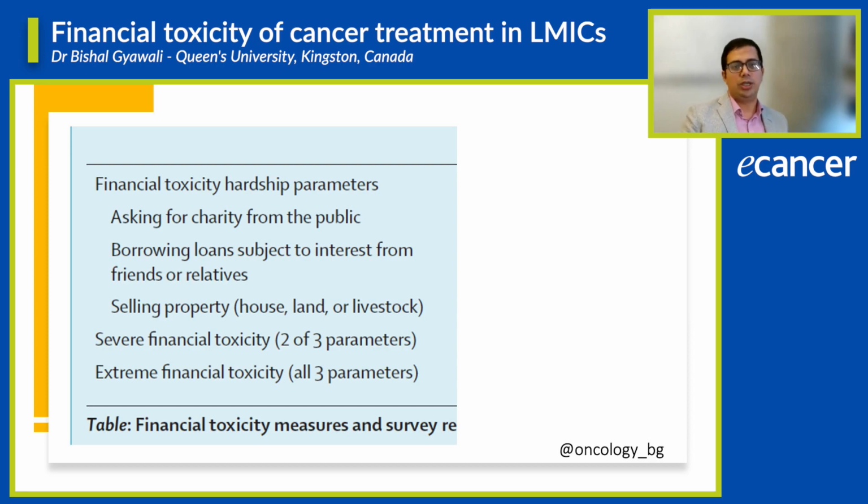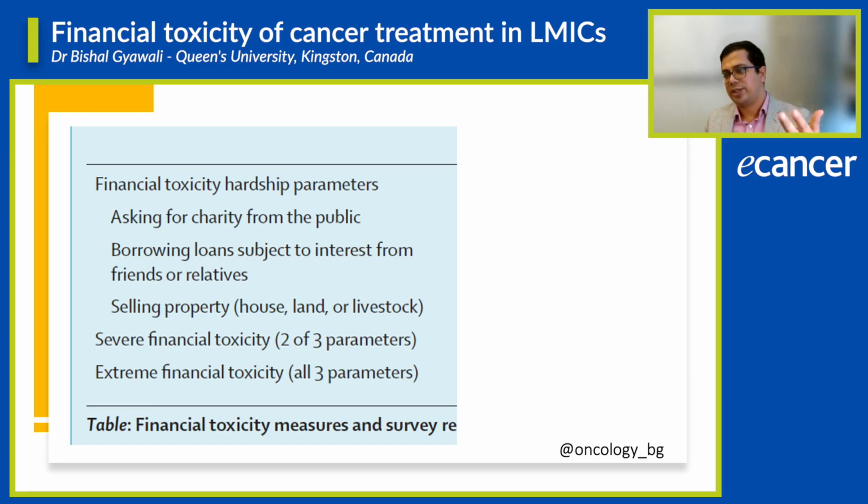So first, this is how we defined financial toxicity. We came up with three parameters that are locally tailored and important in the Nepali context. One is selling property, like selling their house or land or livestock to support cancer treatment. Second is borrowing loans at an interest from friends or relatives. Third is asking charity from the public.